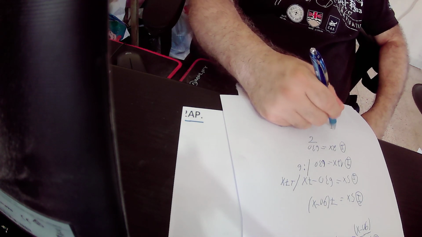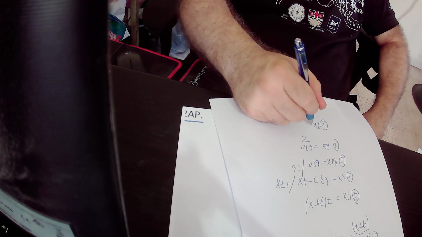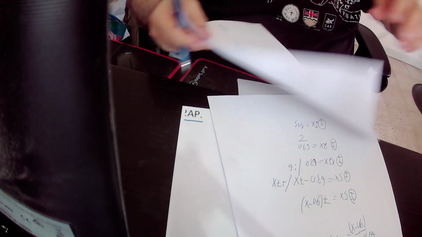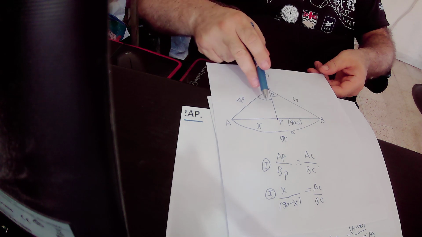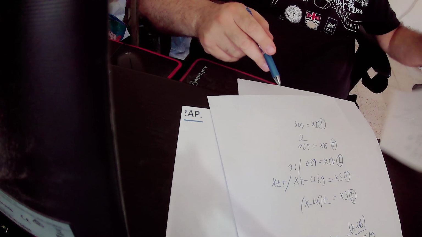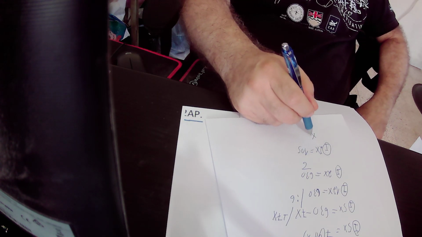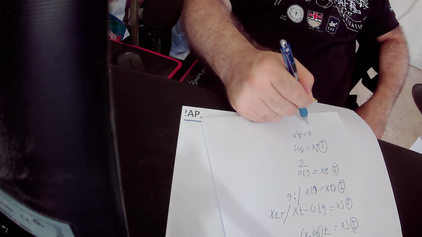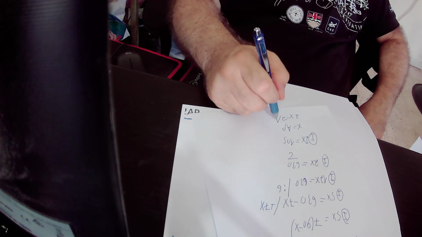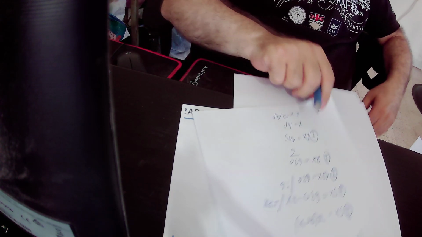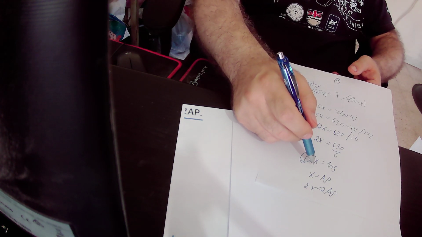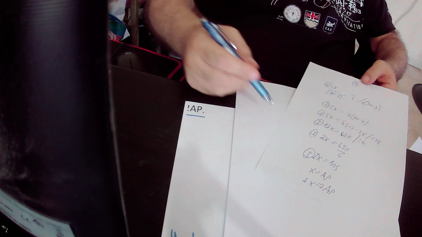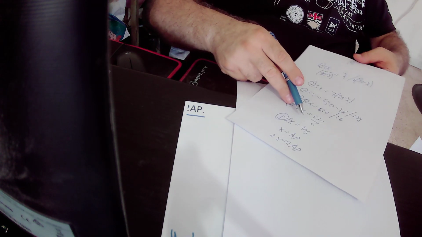So 2x equals 105. We defined x as equal to AP, so we know that x equals AP, so 2 times x equals 2 times AP, and 2x equals 105.